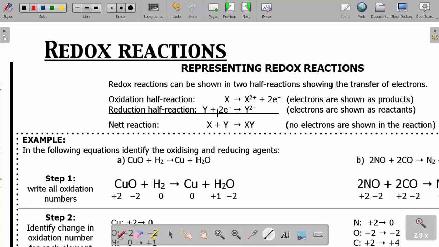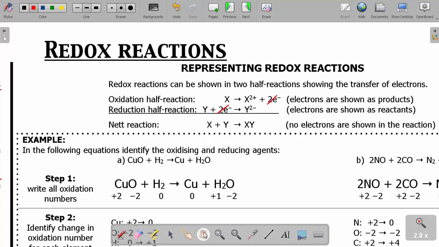So when I add the oxidation half reaction plus the reduction half reaction, the electrons are going to cancel out, left with x plus y, plus xy, because this x2+ and y2- combined to give me xy here. So no electrons are shown in the overall reaction.